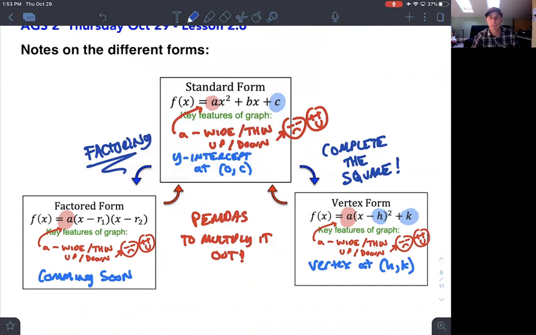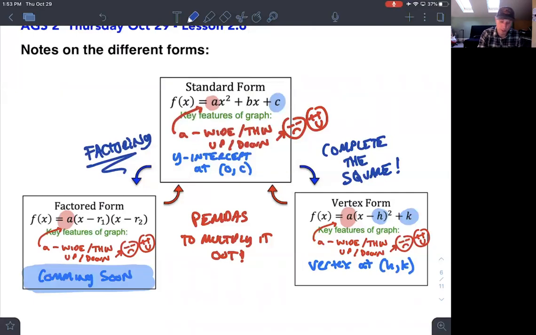If you didn't have a chance to take notes, you might even take a picture of it or something. This is kind of the key to everything for the unit, really. The only thing is that down here, remember we have this coming soon thing that we haven't addressed yet. Okay? So there's one more thing that we're going to fill out on this. So keep this note handy in your notebook because we're going to come back to it and finish that off. All right, any other questions before we move on?